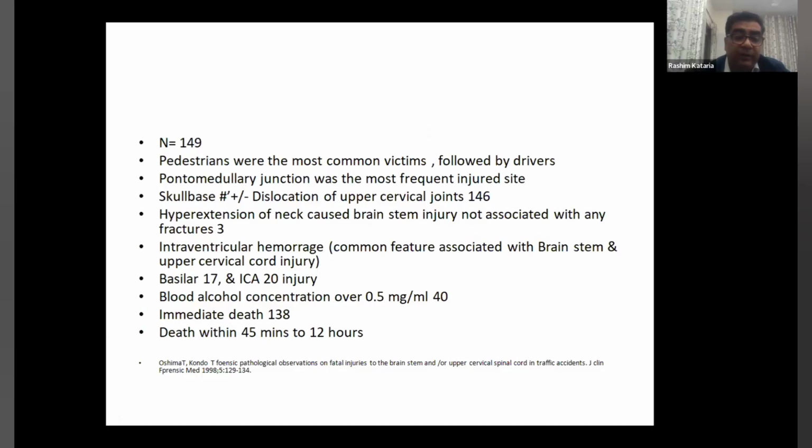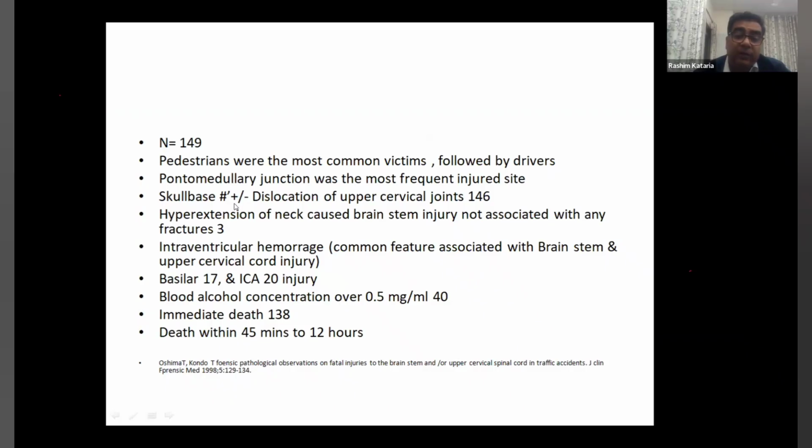In a very interesting study by Oshima T and Konda T et al., they studied pathological observations on fatal injuries to the brainstem and upper cervical cord in traffic accidents. Out of around 150 patients, pedestrians were the most common victims, followed by the drivers. The pontomedullary junction was the most commonly injured site.